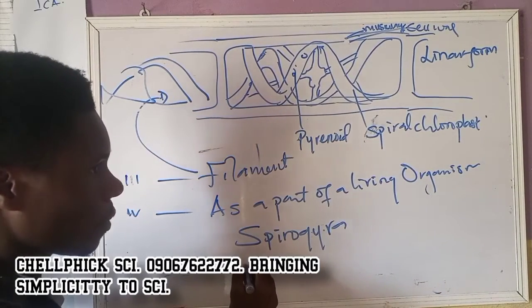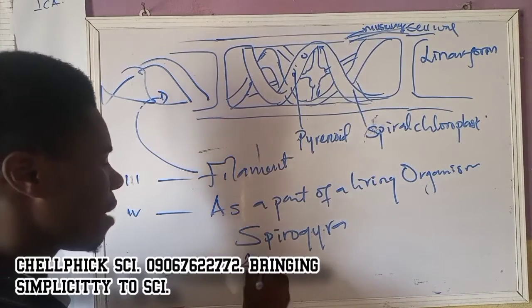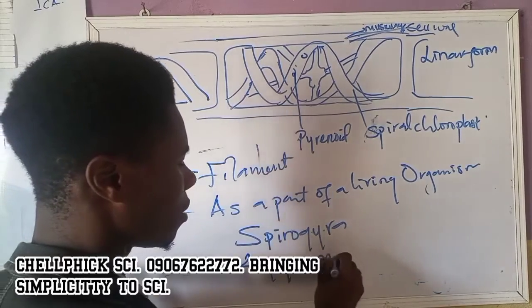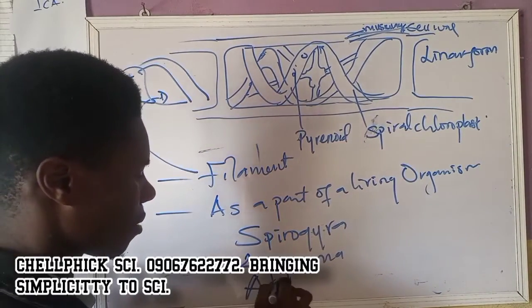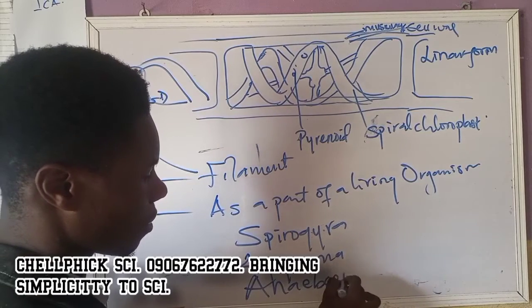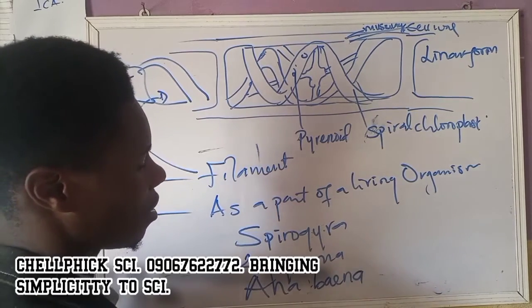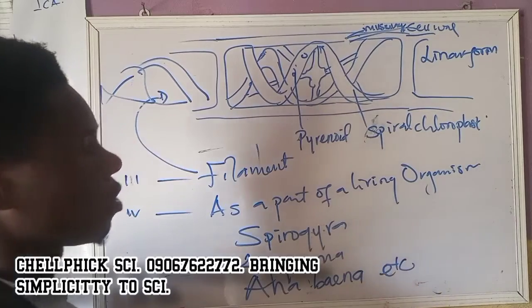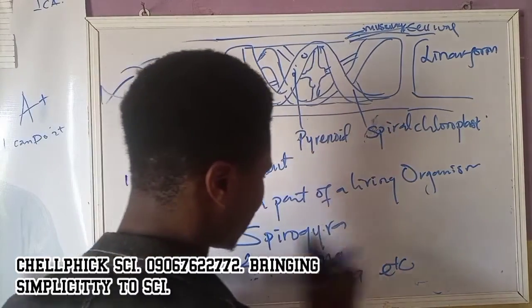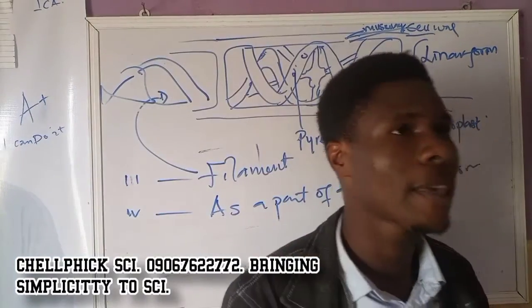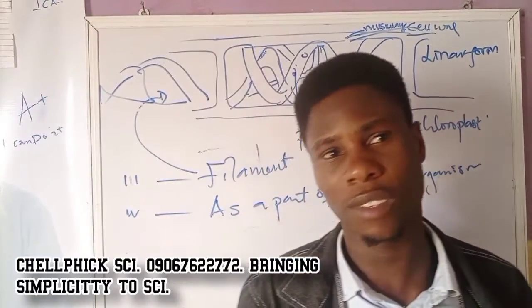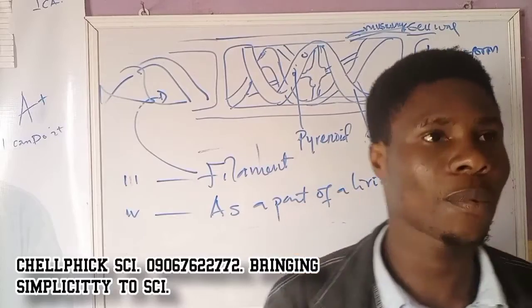We have Spirogyra, Zygnema, Anabaena, and so on. Those are the organisms that exist as filaments. As a student, you are meant to know each form by which a living cell exists and an example of each.